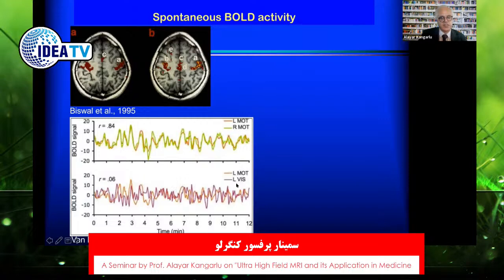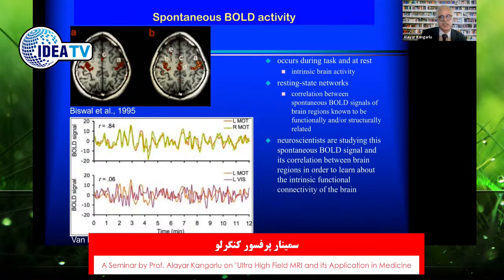And in other cases, the 2 different regions really have no correlation whatsoever in terms of the temporal fluctuation. And therefore, the conclusion was made by Biswal in 1995, where the first resting state fMRI was presented, that the disparate regions which are fluctuating together are firing at the same rate, and this is an indication of the fact that they are members of some networks.